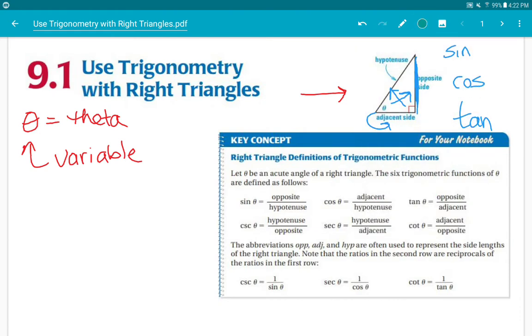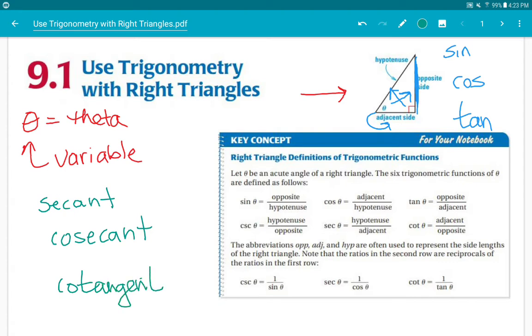We have what's called the secant, the cosecant, and the cotangent. Those are other three trig functions that we can use other than the original three, right? These three up here are the original ones. These here are what we consider the new ones.